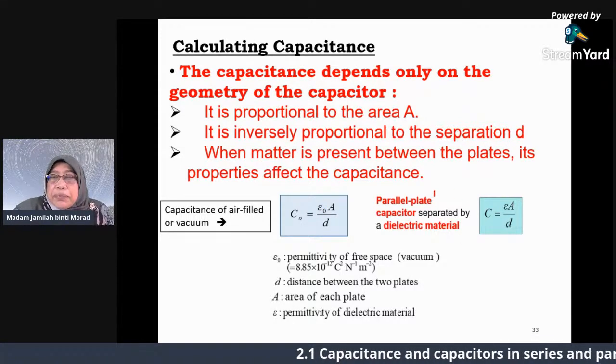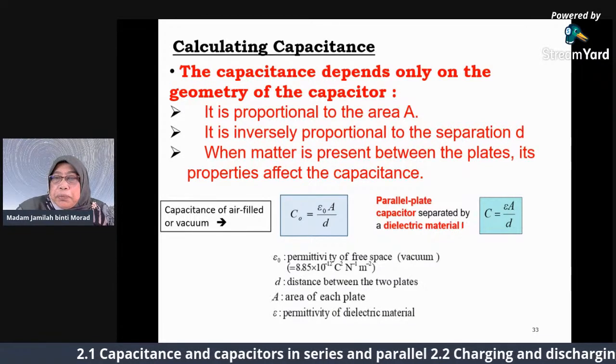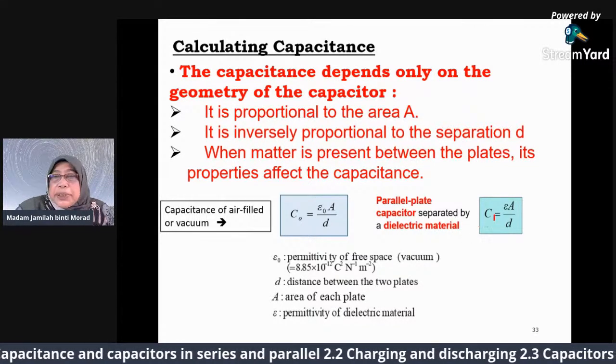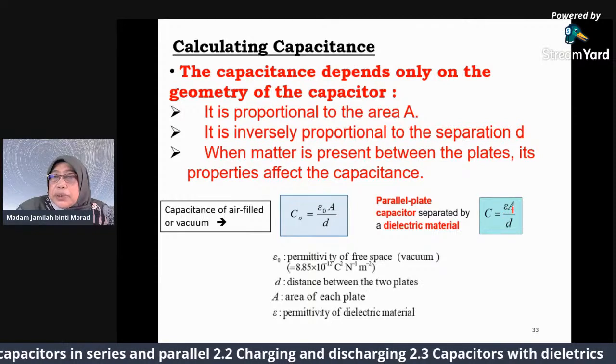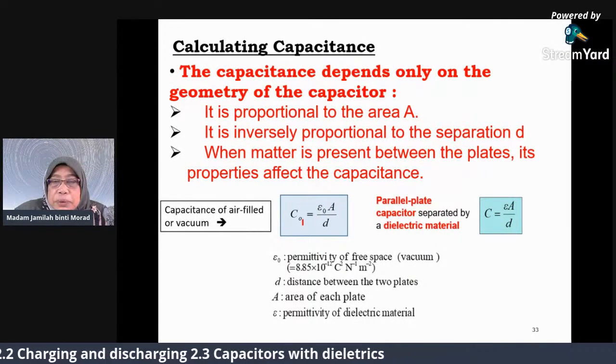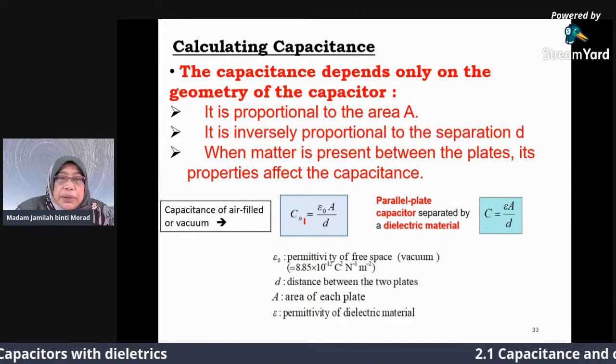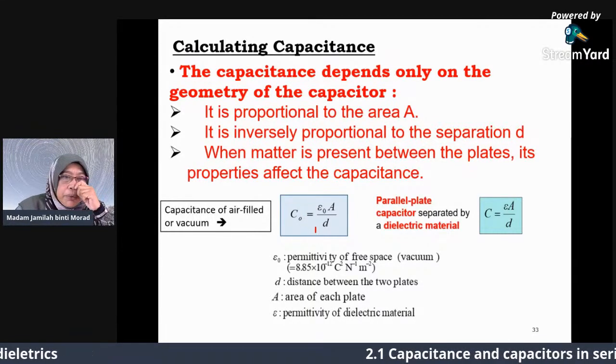When you have a dielectric material between the two plates, your capacitance is C equals epsilon A over D. The term C naught refers to when the gap is filled with air or vacuum.